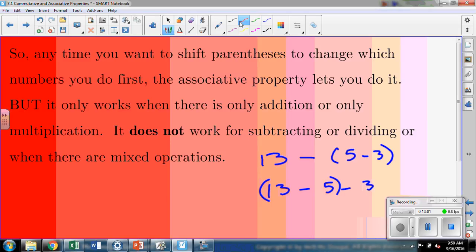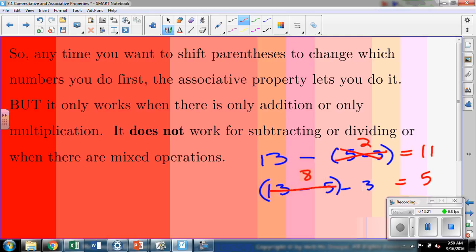For instance here, 5 minus 3 is 2. 13 subtract 2 is 11. What if we shift the parentheses? 13 subtract 5 is 8. And 8 subtract 3 is 5.